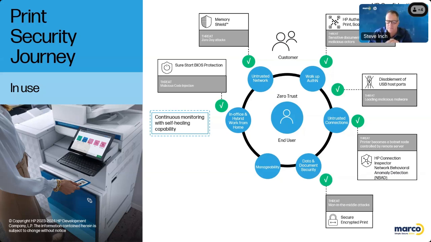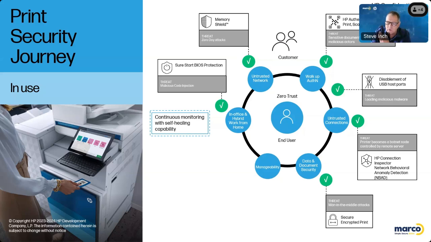The other thing that's internal to HP Enterprise devices is the continuous monitoring we do with Memory Shield and Connection Inspector. Connection Inspector looks for data packets leaving the printer and going to a remote server, and if that behavior is not what the printer should be doing, in other words, anomalous behavior, the printer knows that's not what it should be doing, and it shuts down automatically, reboots, self-heals, and then keeps that event in syslogs for later threat analysis.